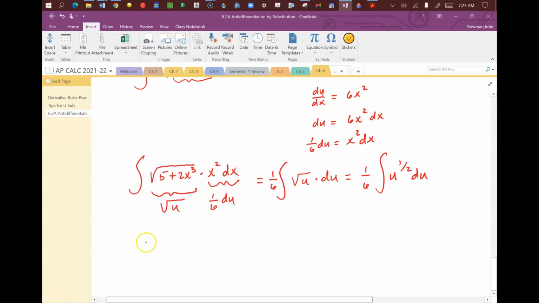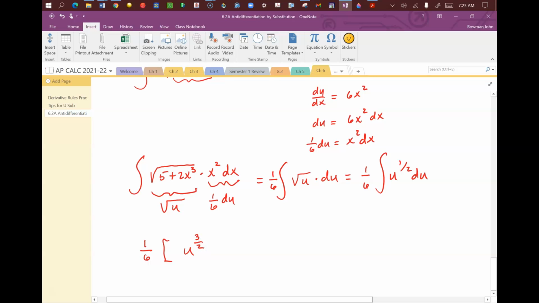All right, so let's leave the 1/6 outside and let's figure out what we have to differentiate to get u to the 1/2. Well, we know the exponent is going to have to increase by 1, so add 1 to 1/2, we get 3/2.